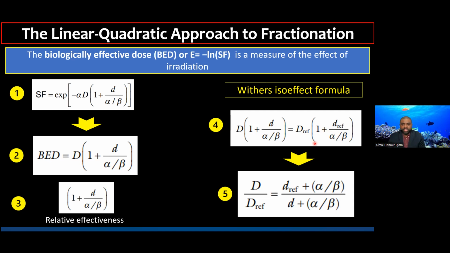Now we want to calculate by how much the dose per fraction will change to have the same biological effect. The essential thing is to assume that the BED between the new and the old stays the same. So if we equate the two, it gives us equation 5.